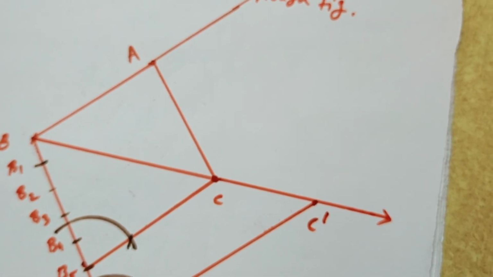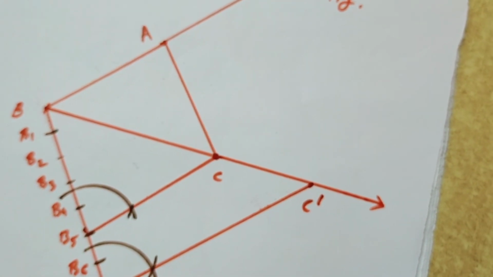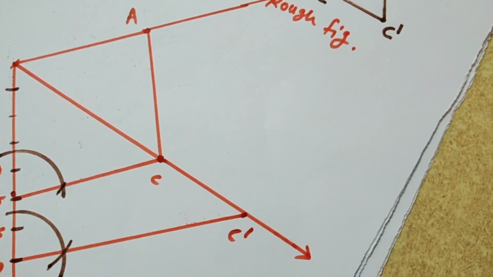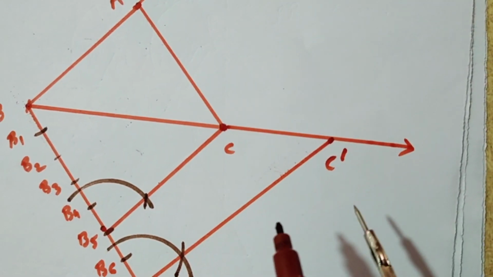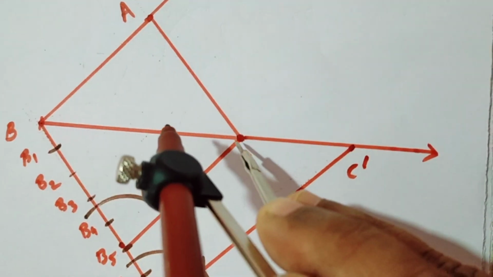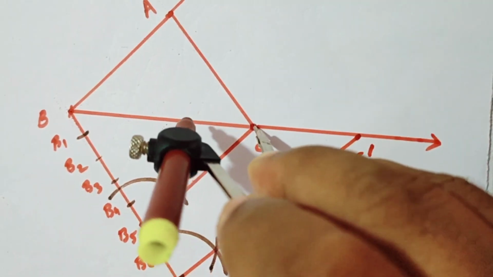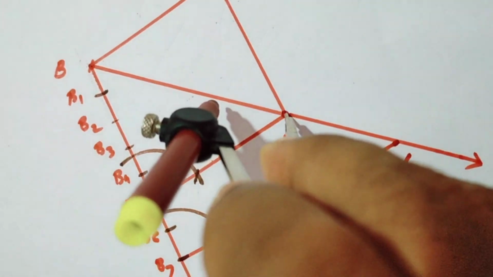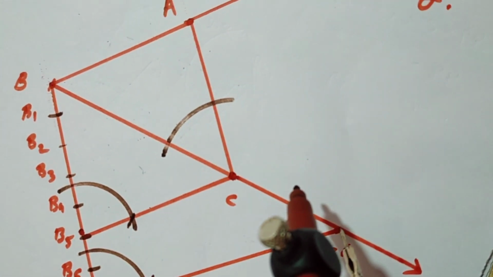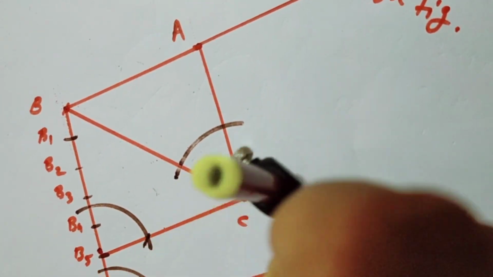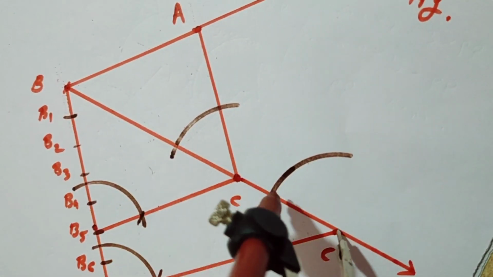Now from C' we have to draw a line parallel to AC. Again the corresponding angles test: if corresponding angles are congruent, then the lines are parallel. In this way, corresponding angles are congruent, so draw an angle congruent to C at C'. Using any radius, draw one arc here, then draw an arc at C' using the same radius.